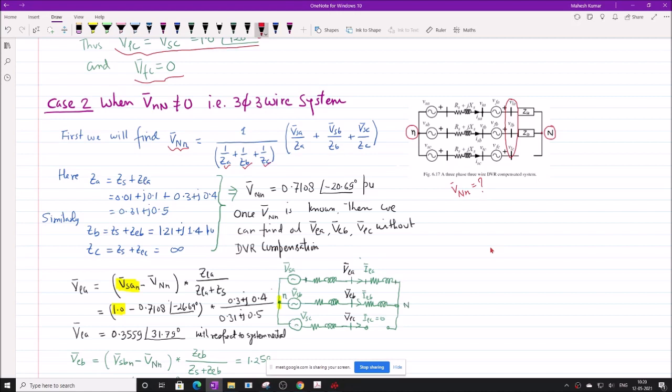When I say VSA, by default it is with respect to its own neutral. If not given, it means that it is measured with respect to its own neutral. So we solved for this and we found that the value of this neutral voltage with respect to system neutral is 0.7108, angle of minus 20.69.